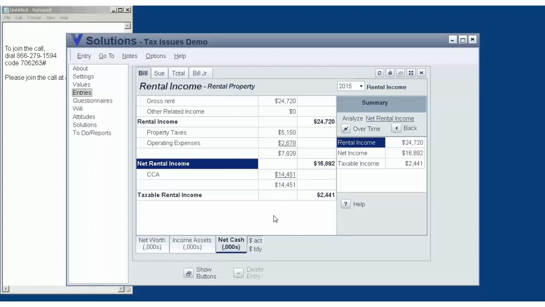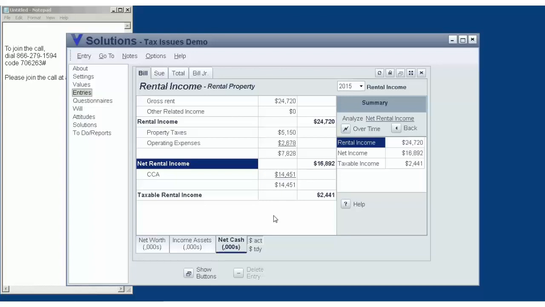But notice this capital cost allowance claim. This is like a bookkeeping entry. It's not an actual charge, but what happens is the value of a rental property is notionally depreciated every year, in this case at 4%, and we get to claim that as a deduction against net rental income so that we end up having taxable rental income.